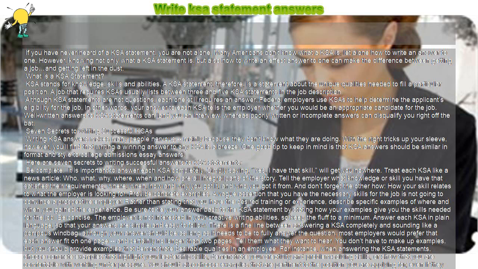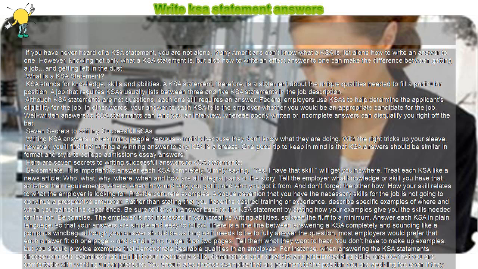Tell the employer what knowledge or skill you have that satisfies their requirements, where, when, how, and why you got it, and who you got it from. And don't forget the other how: how your skill relates to what the employer is looking for.